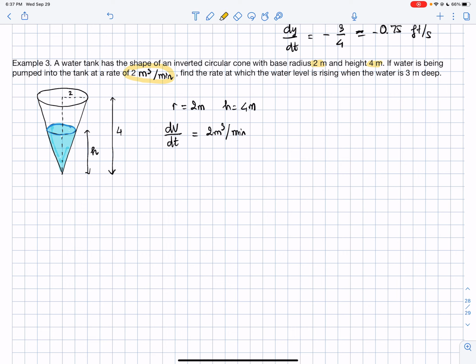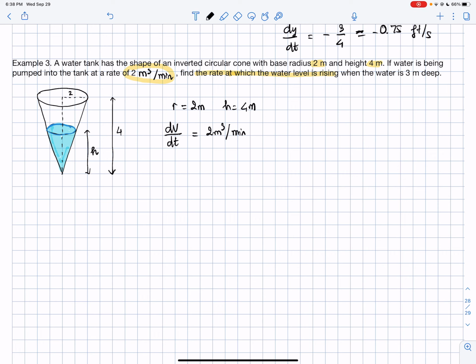The question asks us to find the rate at which the water level is rising. So they're asking us to find the change in the height. You can see in the picture, the height is right here. When we have more time, the height will get higher and higher. That means we have more water, right?